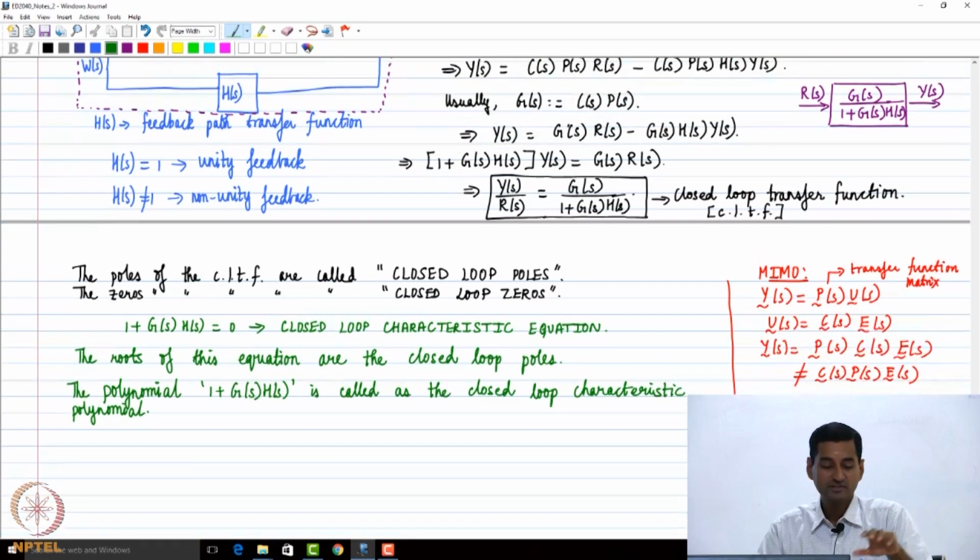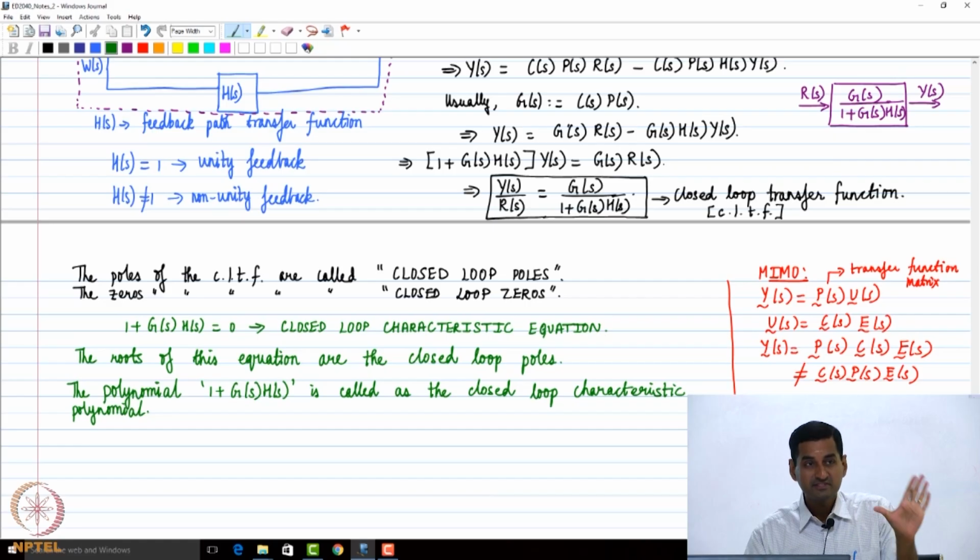So the roots of the closed loop characteristic polynomial are the closed loop poles. Please remember these terms.